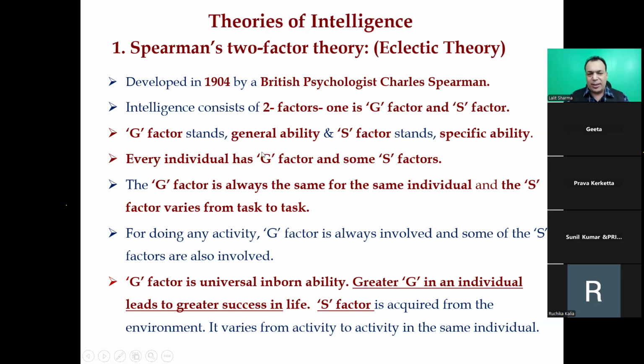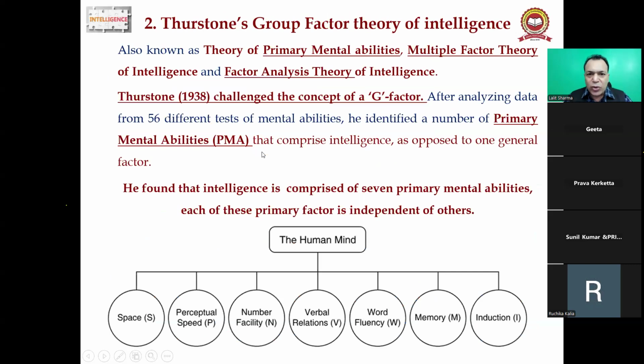Now we discuss the second theory. The second theory was given by Thurston, right? Thurston group factor theory of intelligence. Guys, look, what did Thurston say? Thurston said that there is no G factor, there is no S factor.